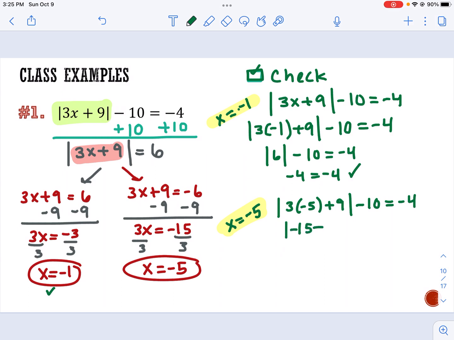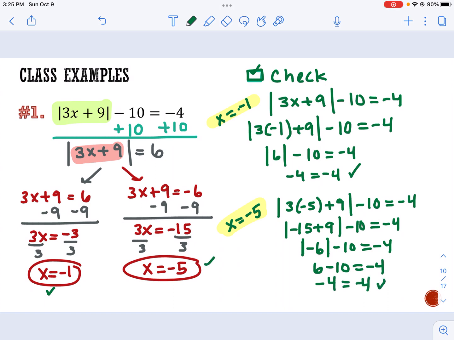So I have negative 15 plus 9 minus 10. Does that equal negative 4? Let's see. Negative 15 plus 9 gives you the absolute value of negative 6. Minus 10 equals negative 4. The absolute value of negative 6 is 6. I'm going to keep going until I have that true statement. Whew, all right, so this also works.